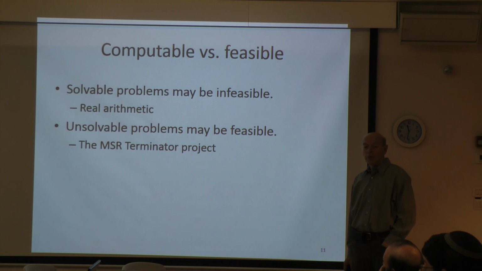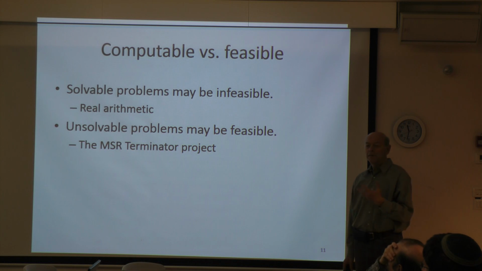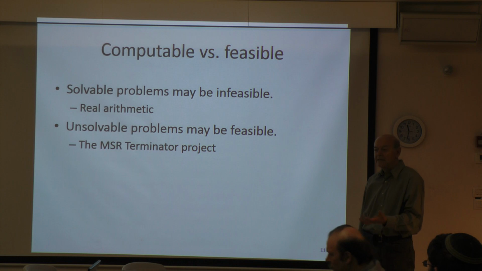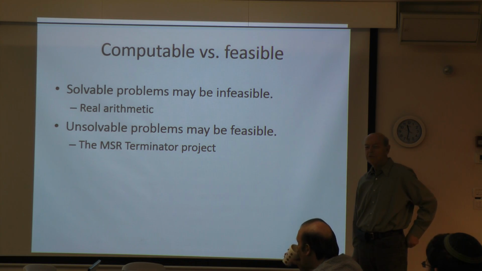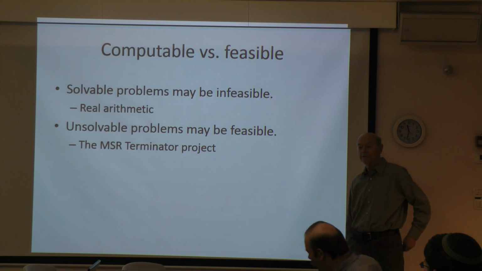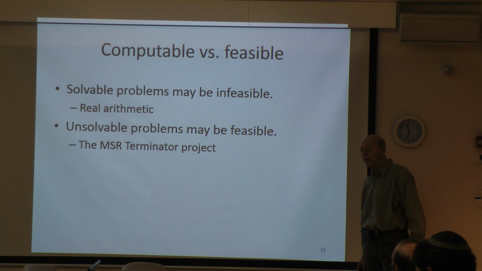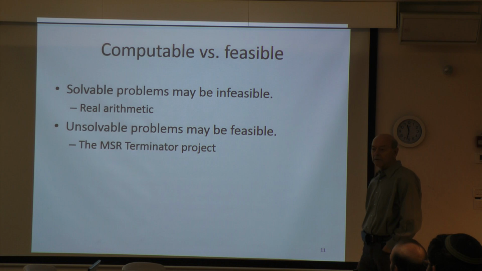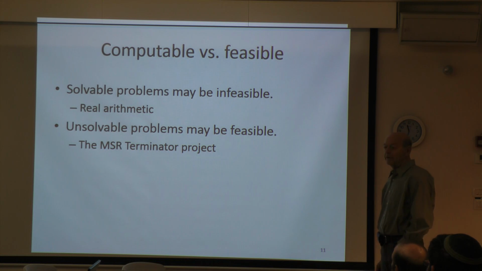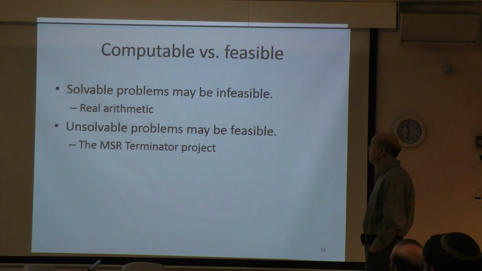In programming theory, if we had feasible algorithms for at least some interesting cases, it would be huge. If you look at specifications, they use so-called additive arithmetic, because it's not just decidable, but decidable well. But real arithmetic, to all practical purposes, is unavailable to us. An unsolvable problem may be quite feasible.